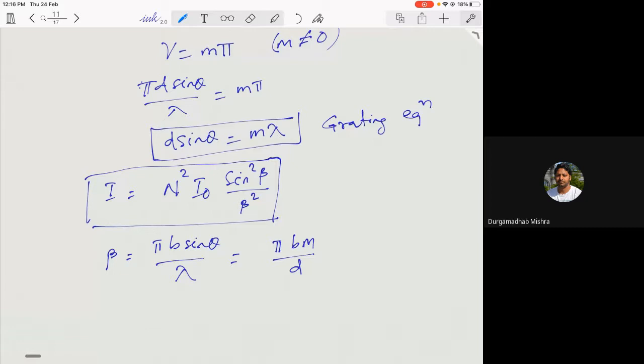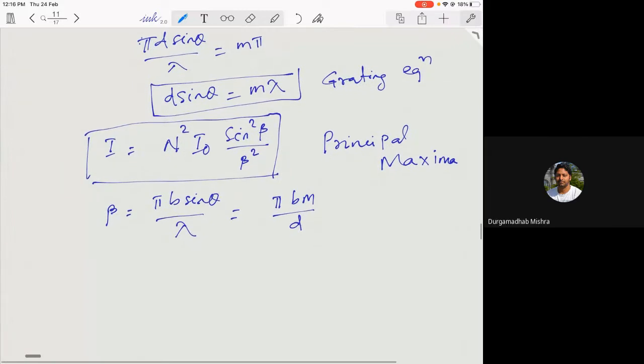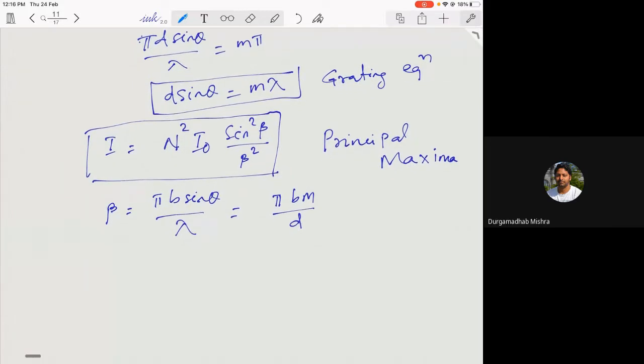So you will always have an intensity n square I naught, and these are known as your principal maxima. So you will have principal maxima and then your minima, and then some secondary maxima as well.